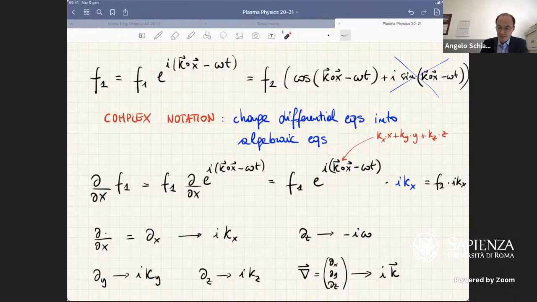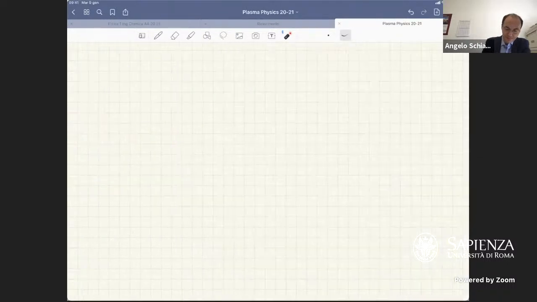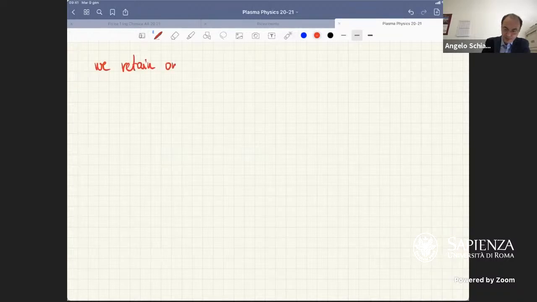So perturbation theory means that we retain only first order terms in the perturbation.